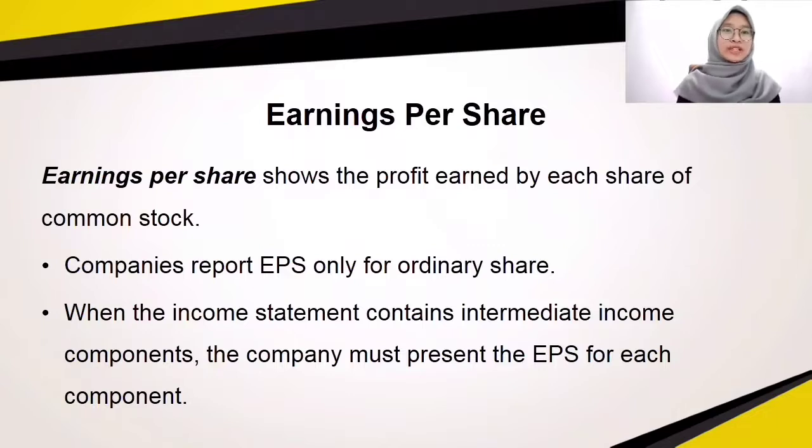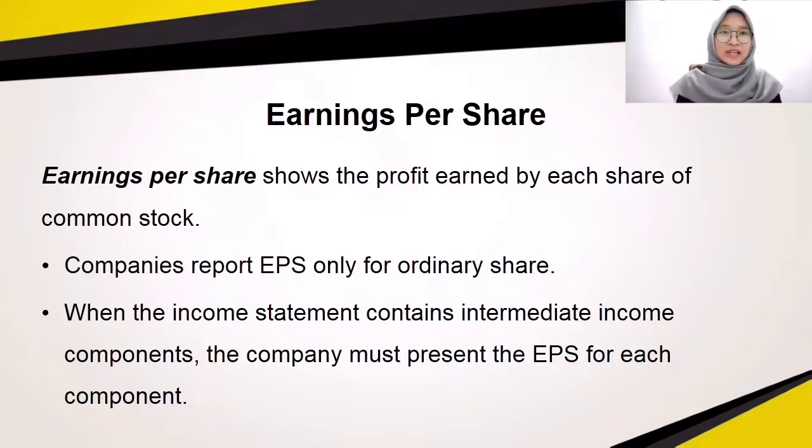So what is earnings per share? Earnings per share shows the profit earned by each share of common stock or ordinary share, and companies report earnings per share only for ordinary shares, not for preferred shares.